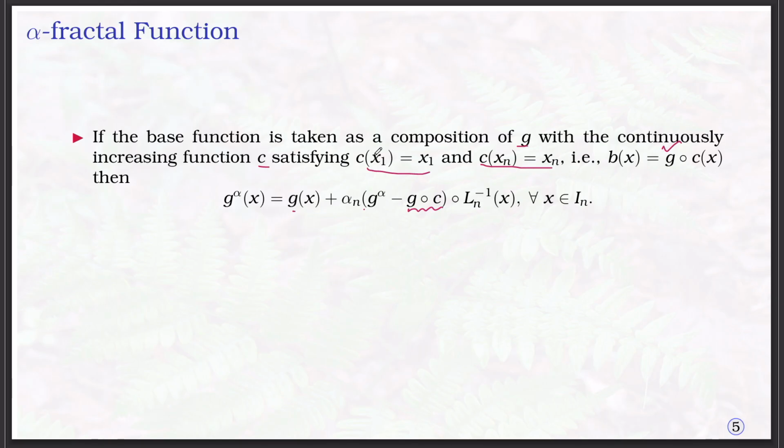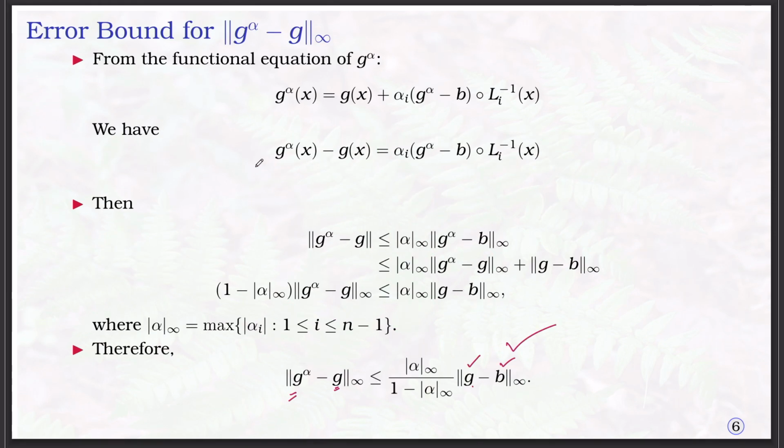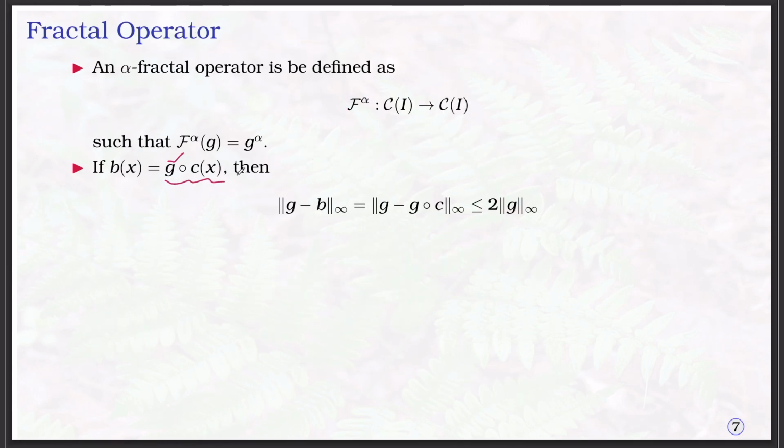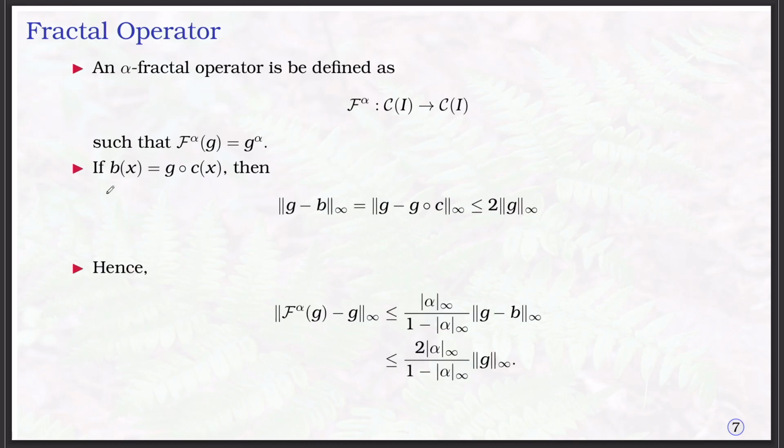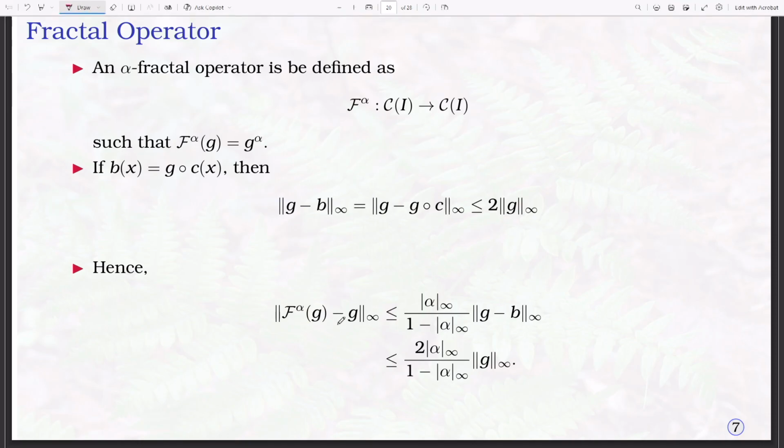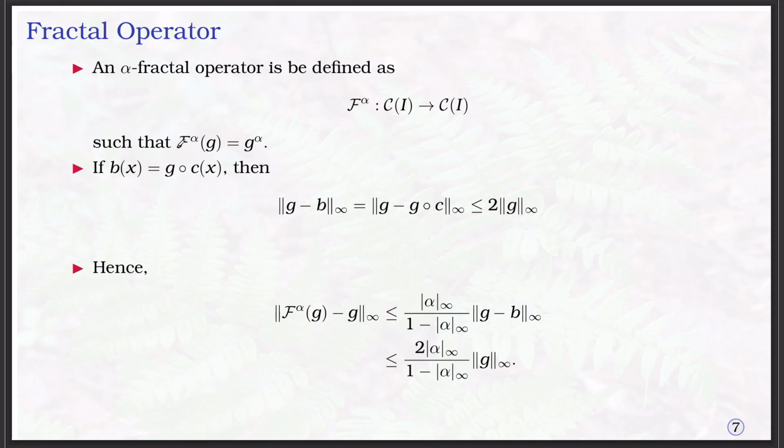The C is a continuously increasing function. Then for B in this form, the norm of G minus B of alpha is less than or equal to 2 times the norm of G. Then the bound of F of alpha of G minus G we can obtain by the previous result which we obtained.